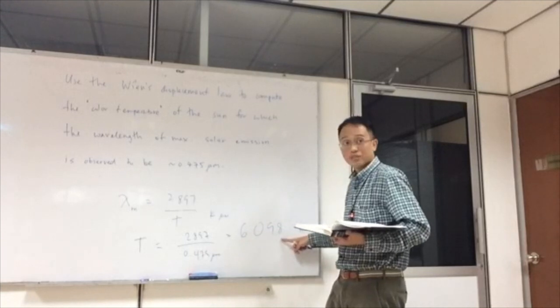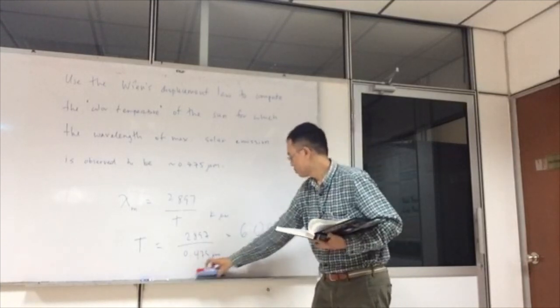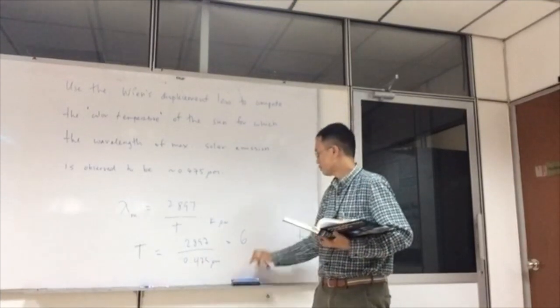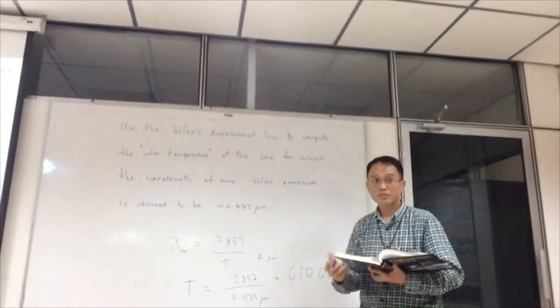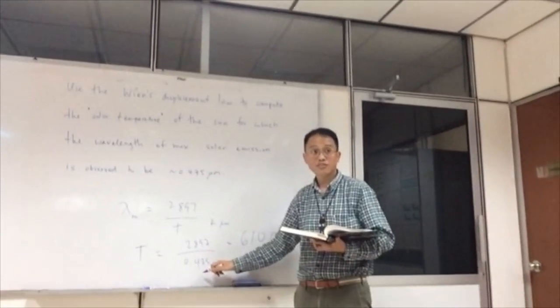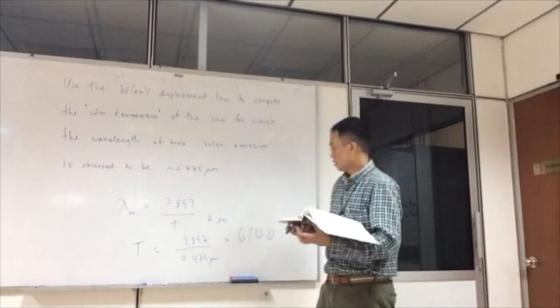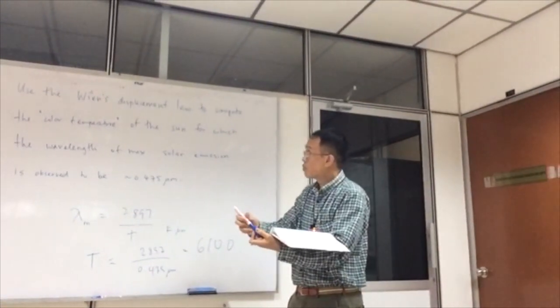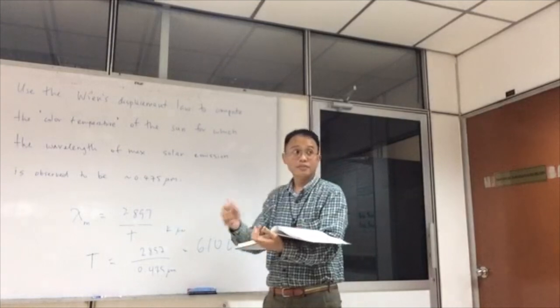So this is at 4 significant figures, and this one rounds up to Kelvin, because we use this 3 significant figure value. So that is the color temperature of the sun.